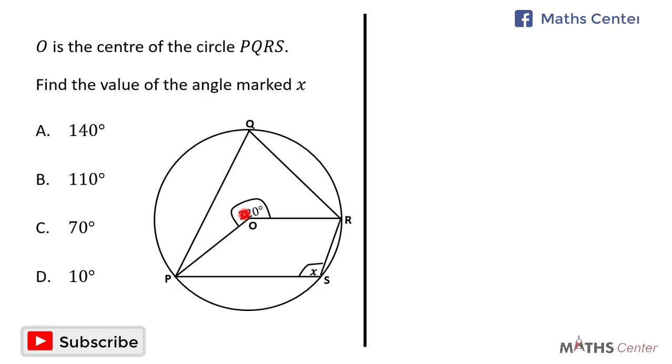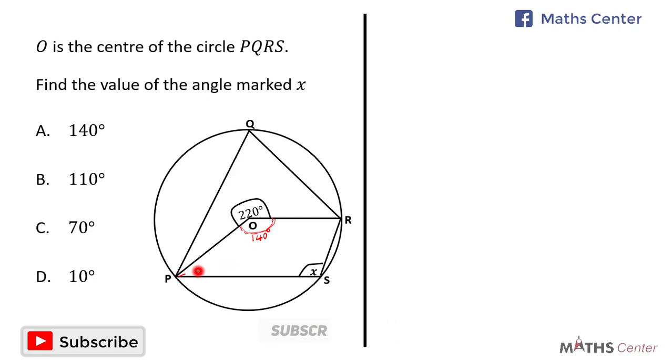So if the angle here is 220 degrees, then the remaining angle here will be 360 degrees minus 220 degrees, and that will give us 140 degrees. So the angle POR, that's the angle we have here, is 140 degrees.